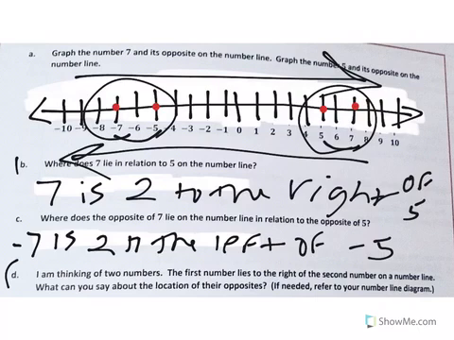Okay, question D says, I'm thinking of two numbers. The first number lies to the right of the second number on a number line. What can you say about the location of their opposites? Well, you could pick any number at random, right? But let's say 2 and let's say 10.